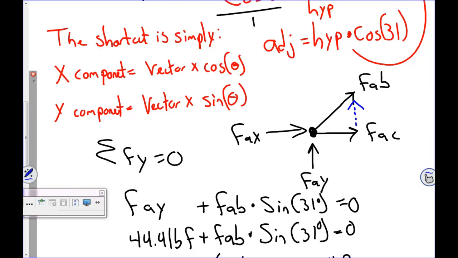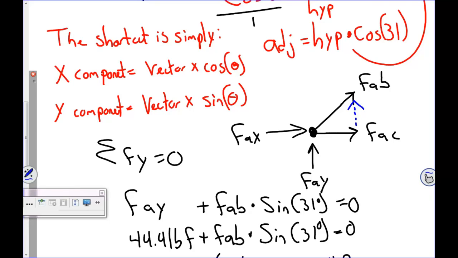Okay, what you got? Answer. Negative 45. Say again. Negative 45.01. Okay. Anybody got something different? Anybody got something the same? How do you solve? Yeah, I'm not sure how to solve it either. Okay, let's talk about it. What are you trying to isolate? Yeah, I was trying to isolate FAB.